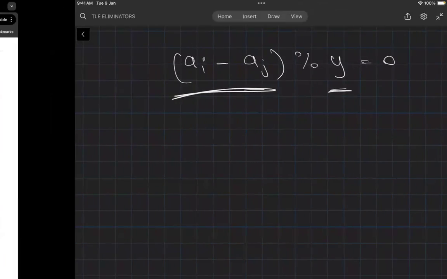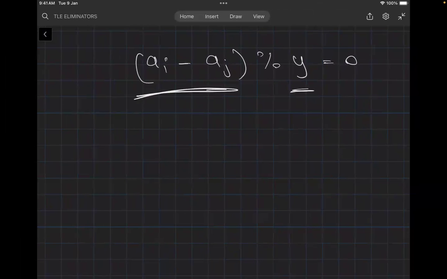Now, let's add a_j on both sides, which you can do in modular arithmetic.